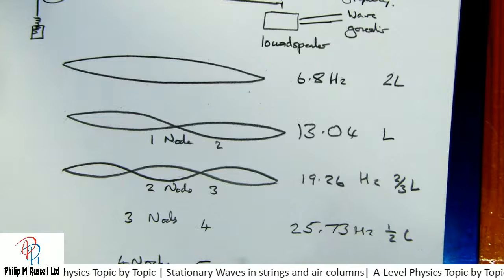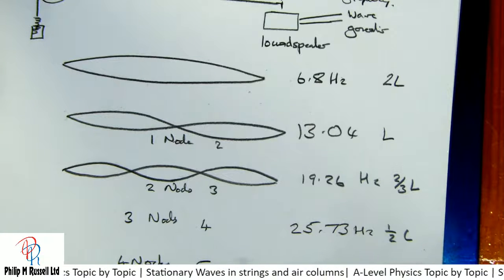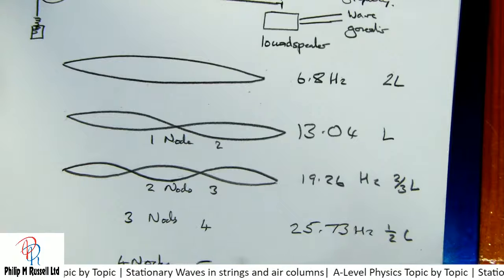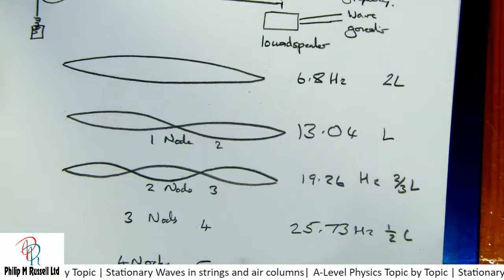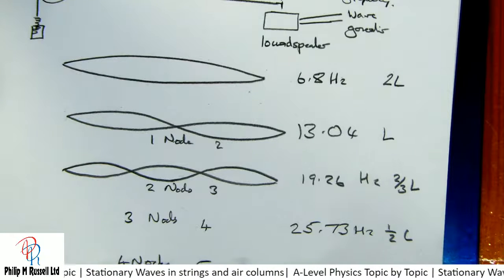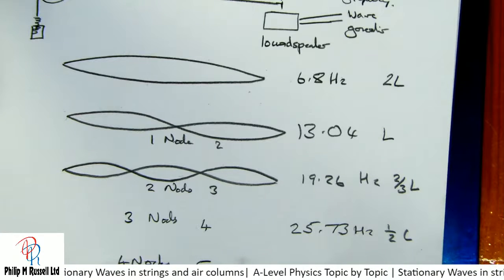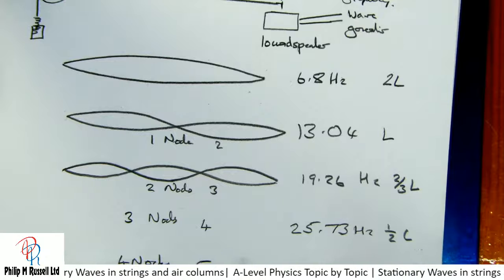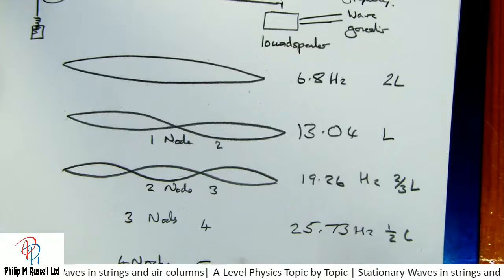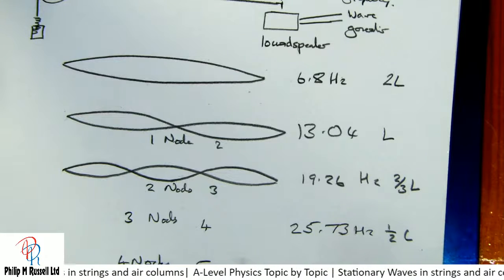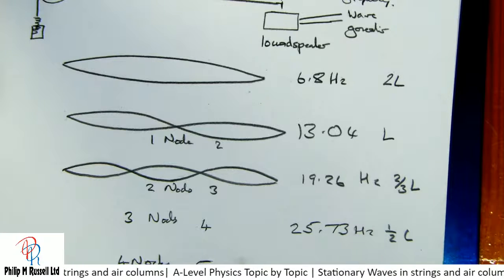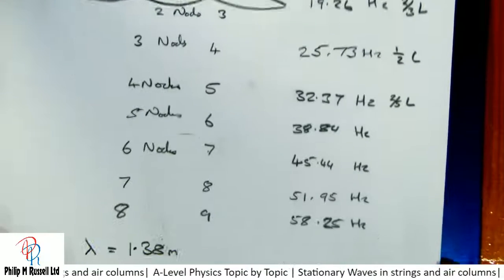And then we can work out this one's going to be 2/5, isn't it? And then we can work out all of those others if we want to.